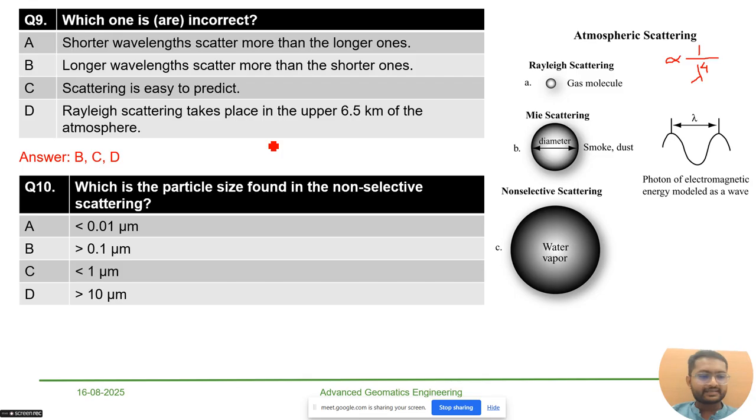All the gases, like oxygen and nitrogen, most of the atmosphere is present within 4.5 kilometer only. So all this scattering will happen mostly in the troposphere.